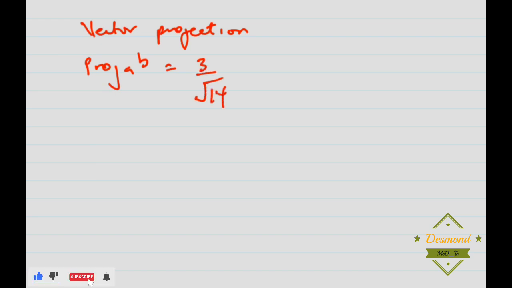So the vector projection of B onto A is the scalar projection, which we had as 3 on root 14, multiplying the unit vector of A in the direction of A. So multiplying A on modulus of A.